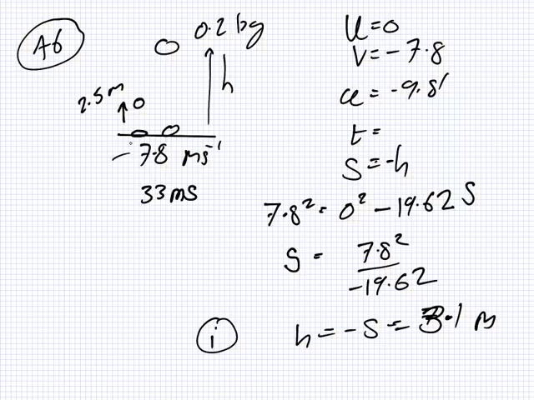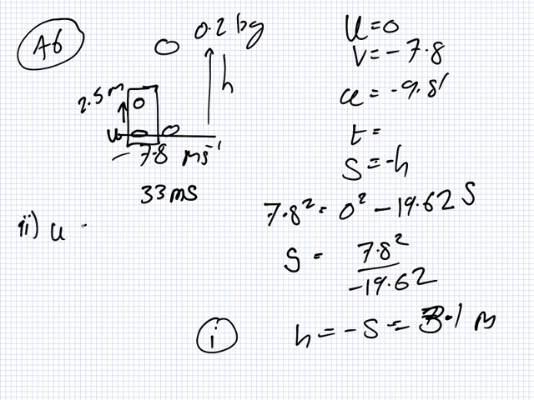What speed did the ball leave the ground at? So they want the U here for this part of the journey. So part 2, U is U, V is 0, A is minus 9.81. Well, let's do it the other way since you suggested it, just for fun.